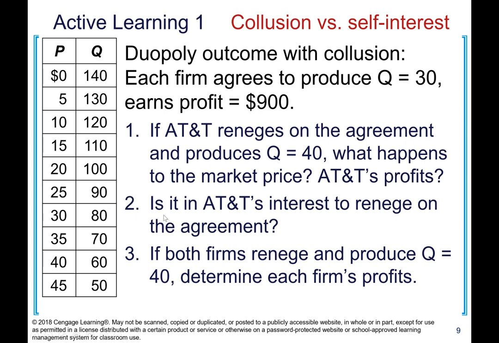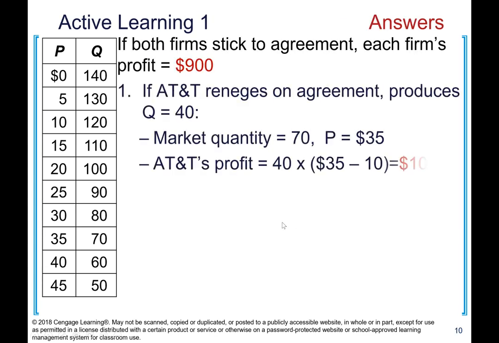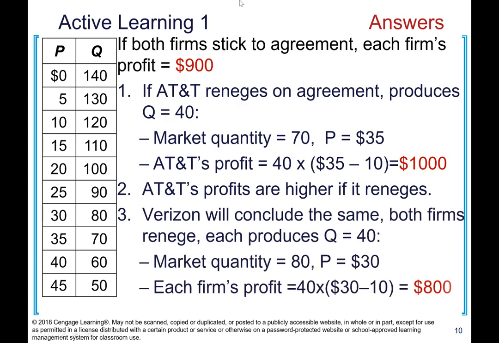Number two, is it in AT&T's interest to renege on the agreement? Number three, if both firms renege and produce output equal to 40, determine each firm's profit. So let's look at these outcomes. If both firms stick to the agreement, each firm earns a profit of 900. Let's look at number one.